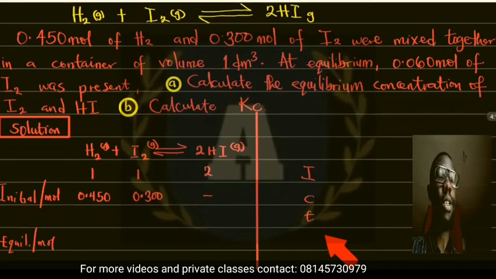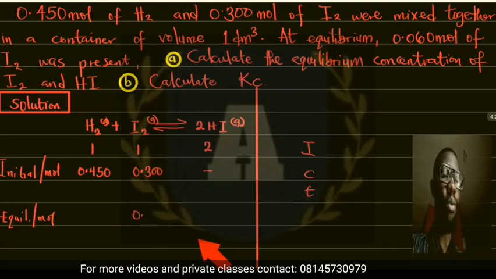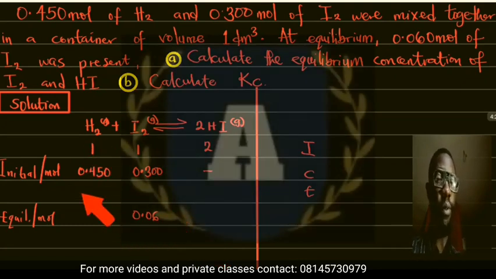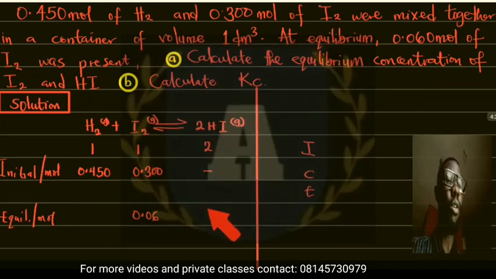So we write the equilibrium mole of iodine, which is 0.06 mole. Now we don't know the equilibrium mole of hydrogen, neither do we know the equilibrium mole for hydrogen iodide, but meanwhile we can easily calculate that.